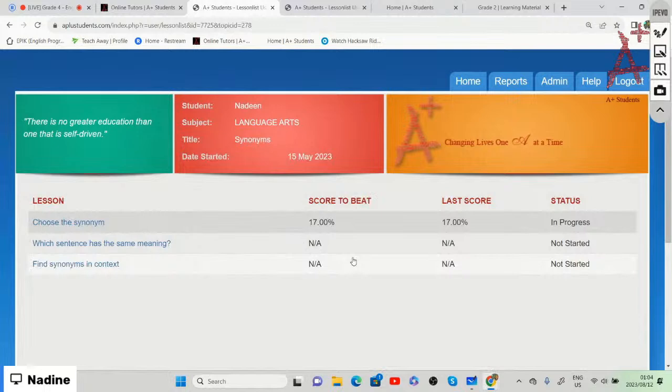That is going to be our focus lessons for today. So we're going to start with the first lesson, which is to choose the synonym.